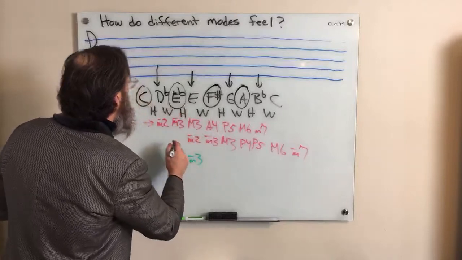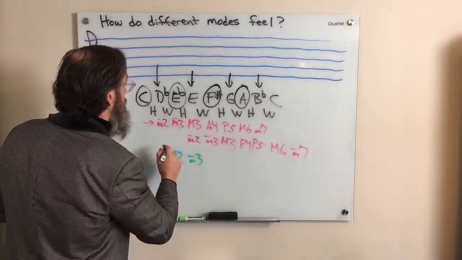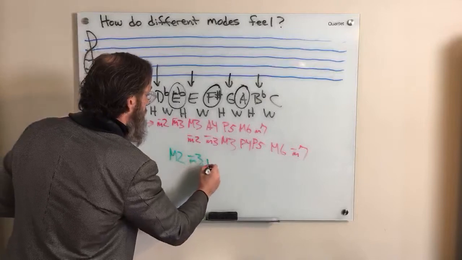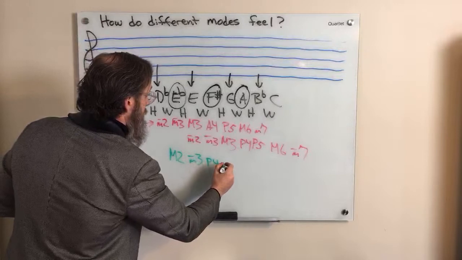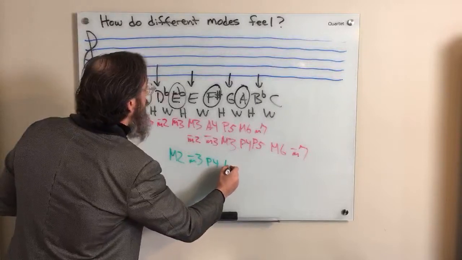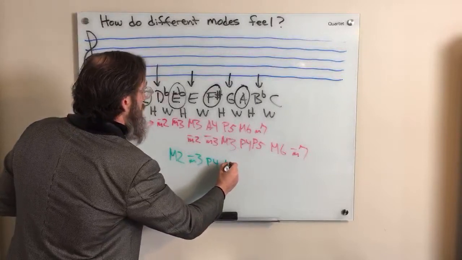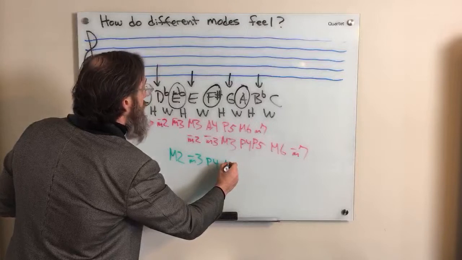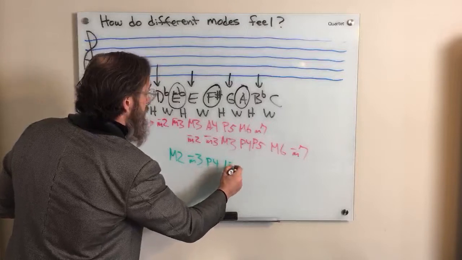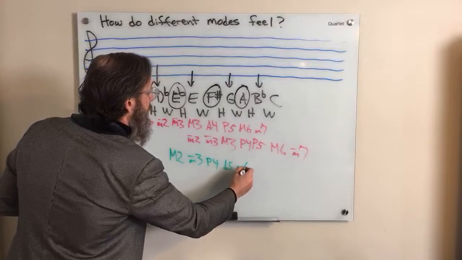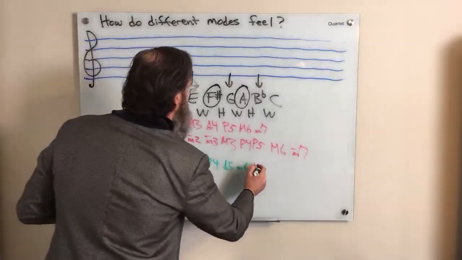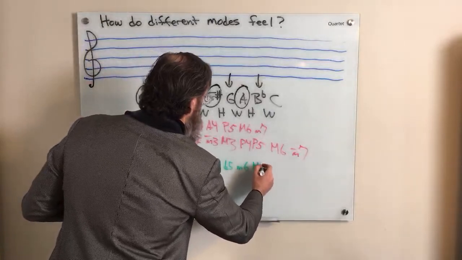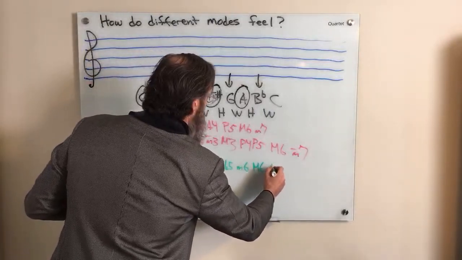We then get a perfect fourth. We then get a diminished fifth enharmonically, minor 6 enharmonically, a major 6, and a major 7.